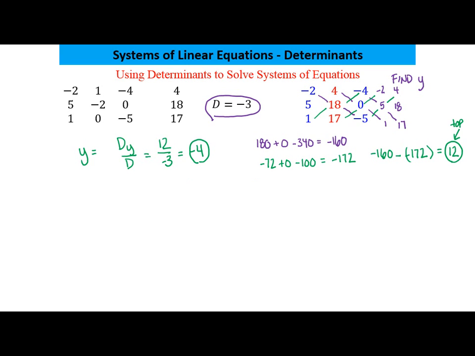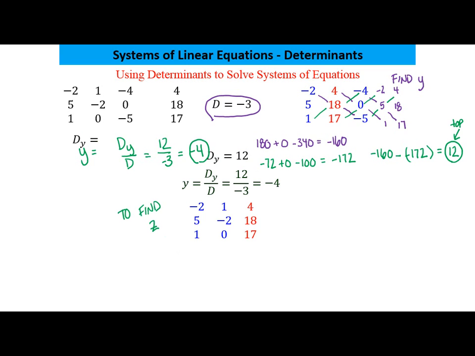Okay, one more answer, and that's z. Here's what we need for z. We replace the third column. Then we rewrite the first two columns.